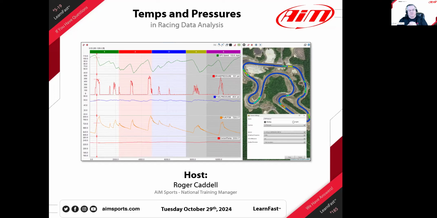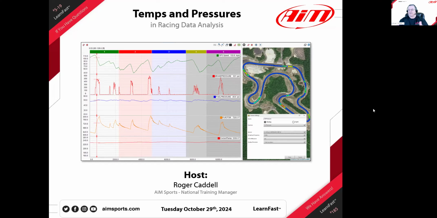We've got 8 or 10 examples that we're going to talk about today using some of these pretty basic sensors, but in maybe different ways than what you thought, and hopefully that opens up your mind to be thinking, okay, I've got that data, and if I add a little bit more or think about it in a different way or review it in a different way inside of analysis, there's really added value to having these pretty basic sensors. So that's what we're going to talk a little bit about today.